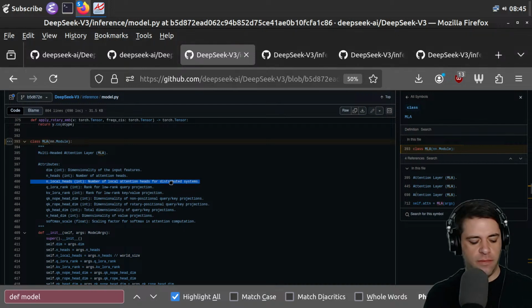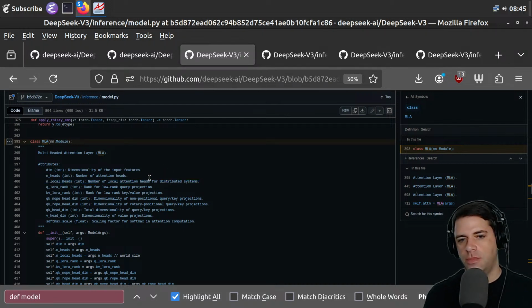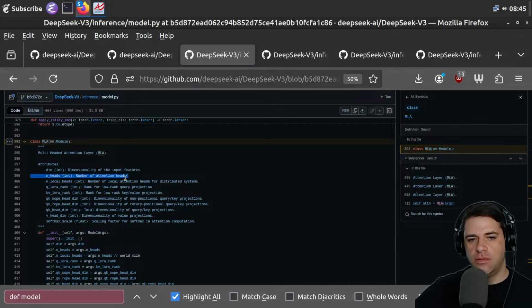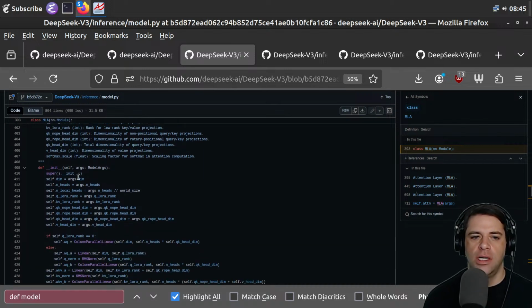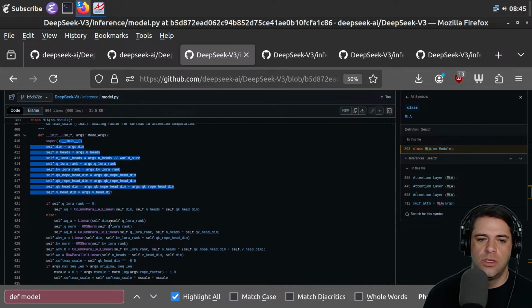You have some number of local heads. There's some redundancy, and then there's some total number of heads that you get by looking at all of the local heads and then getting rid of the redundancy, etc. These are all just assigning variables.